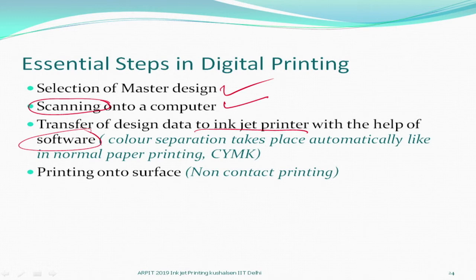So, eject the drop and the dot is created on a surface, which could be a paper, could be plastic, and we are talking about textile.